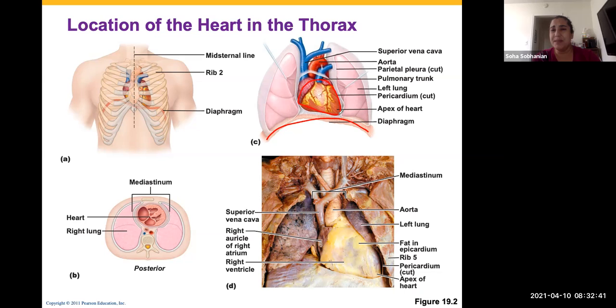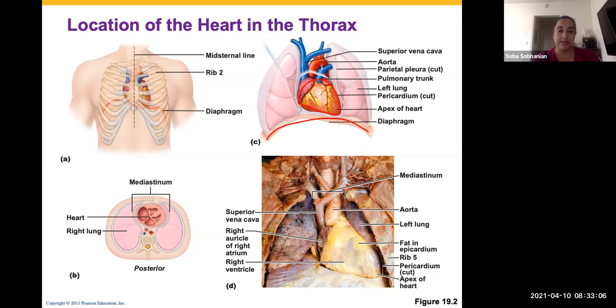So this is basically a typical shape of your heart. The other characteristic of the heart that you see is that it has that pointy part right here, and then it has a relatively flat top. So the heart basically has a flat top and then a pointy edge to it.